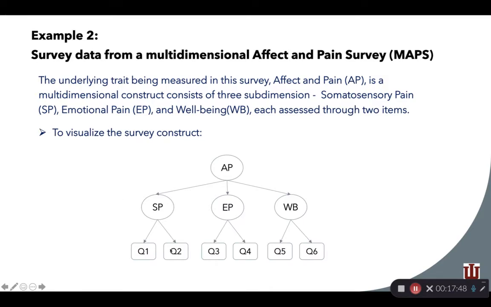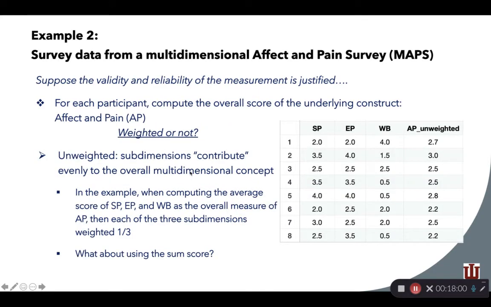Because from this structure graph, we can see each of the subdimensions contributes to the overall construct. Then we want to consider whether they're evenly weighted or not. When we say unweighted, it's actually evenly weighted, meaning these subdimensions contribute to the overall multidimensional concept equally.